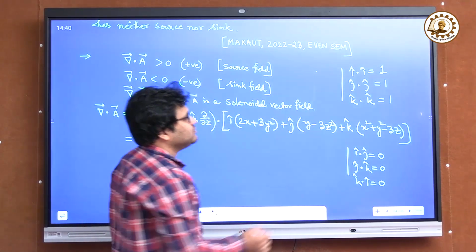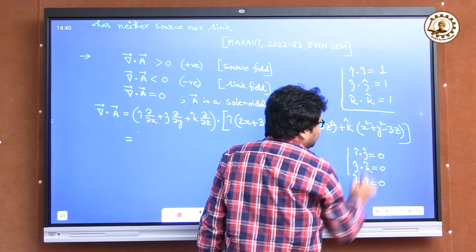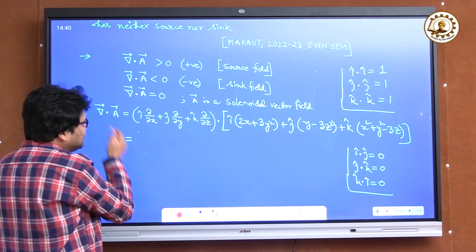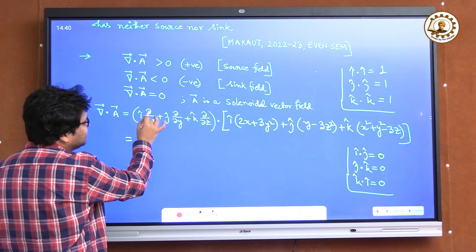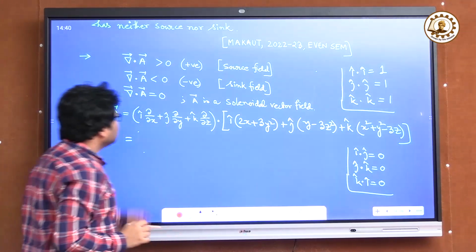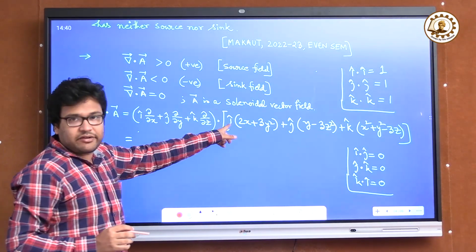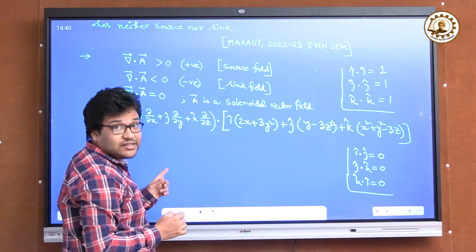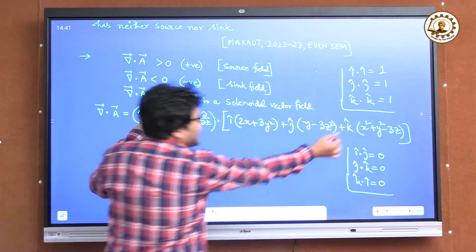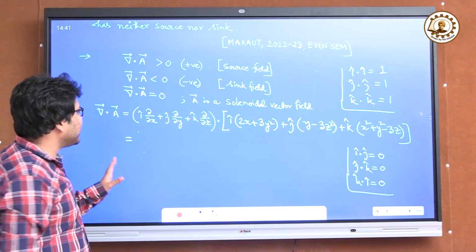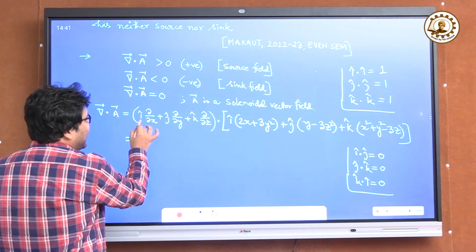So we have to remember these relations. Now, if we multiply this i cap term with i cap, j cap and k cap, i cap dot i cap results 1, i cap dot j cap results 0, i cap dot k cap also results 0. So as a net result, we just have a single term, i cap dot i cap.